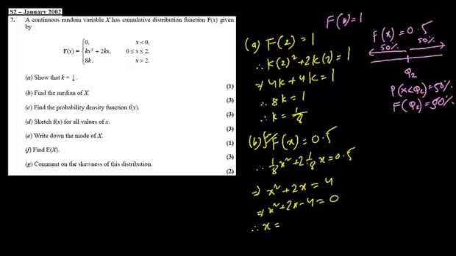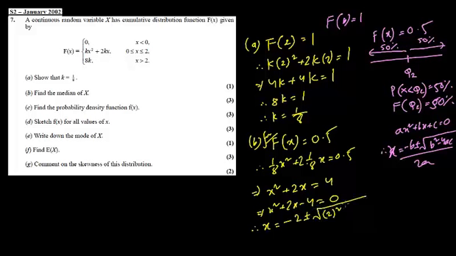Remember the quadratic formula. If you have ax squared plus bx plus c equals 0 as a quadratic equation, then x equals minus b plus minus square root of b squared minus 4ac, divided by twice a over the entire numerator. So this is going to be minus b, coefficient of x is plus 2, so minus b plus minus root over b squared, which is 2 squared, minus 4, a is 1 and c is minus 4.